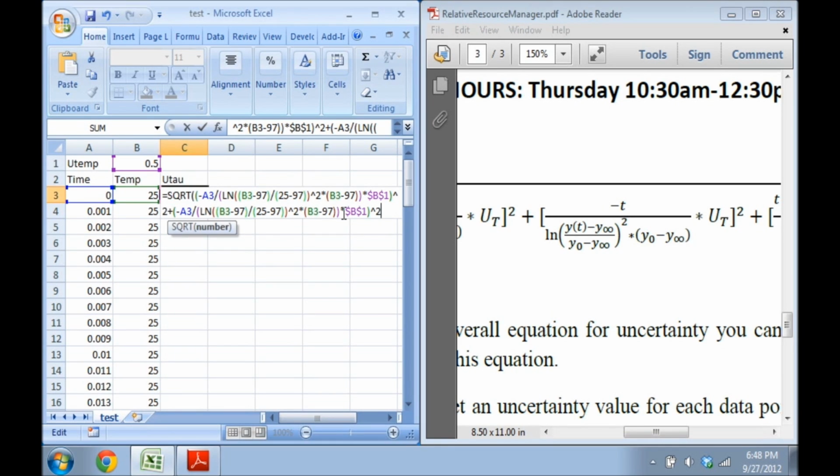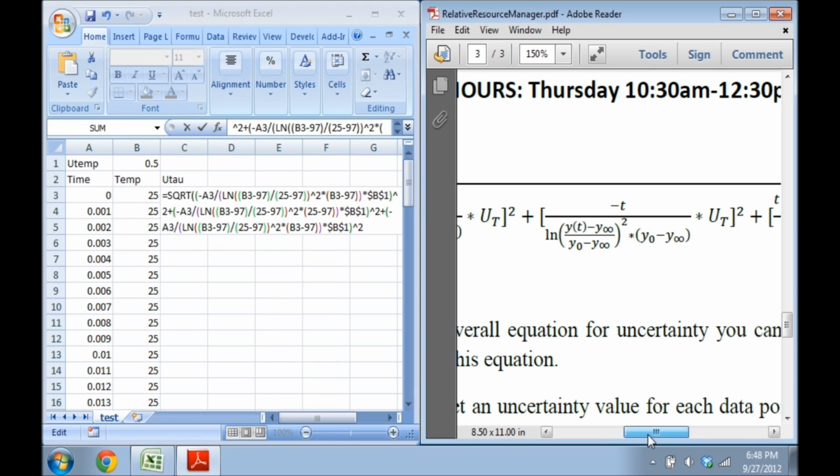The only difference here is that instead of my y of t, right here I have my y initial. So I'm just going to change this to 25. And then it still times the same UT and everything. So then I have that there. Then I'm just going to add another plus, and I'm going to paste everything again. And then I'm going to go to my next one.